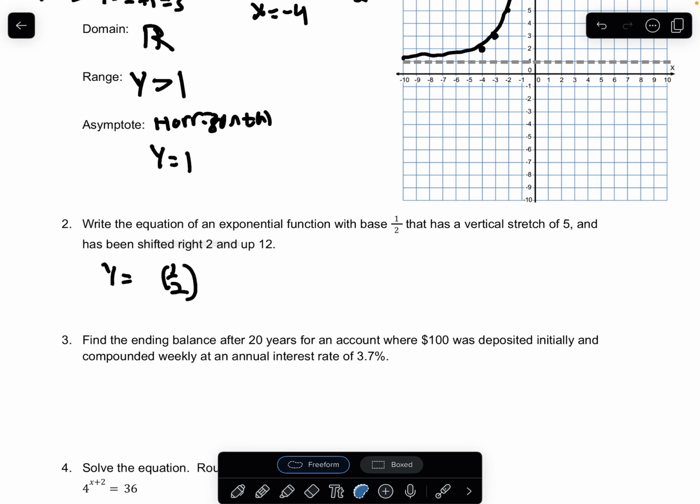So let me move that over. So it has a vertical stretch of 5 and has been shifted right 2 and up 12. Notice it's x minus 2 because remember your x's are liars. And that is an exponential equation that satisfies the conditions on number 2.